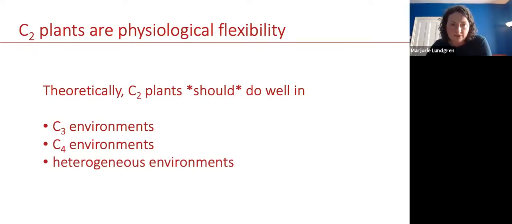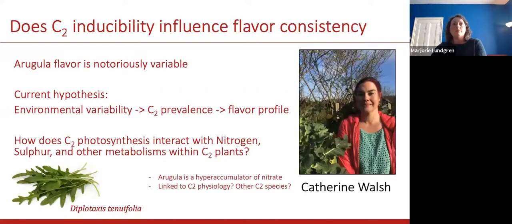And talking about this flexibility, another PhD student I wanted to give a shout out to, so this is Catherine Walsh. She's a first year PhD student, and she is working on rocket or arugula. And what we're trying to find out is if this physiological flexibility has consequences for crops. And what I mean by that is the only crop that uses C2 photosynthesis is arugula, right, is rocket.